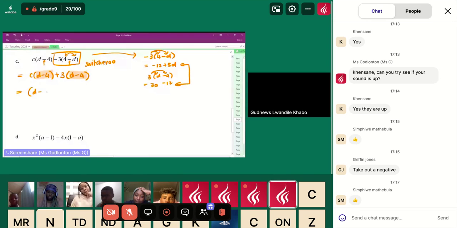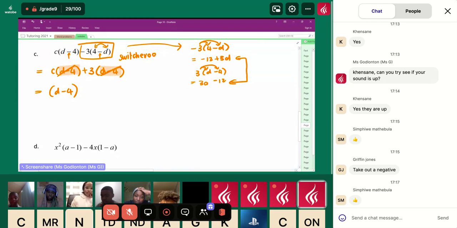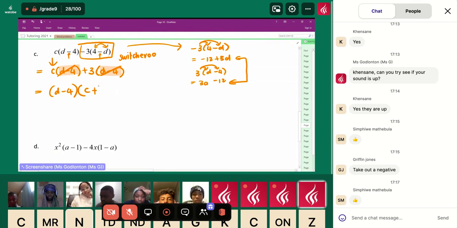So I'm going to say d minus 4 as my common factor. And when we do that with brackets, it's just easier if we cross it out of both terms. So what am I left with from my first term? C. Good. And what am I left with from my second term? 3. There you go. Nice. Well done.